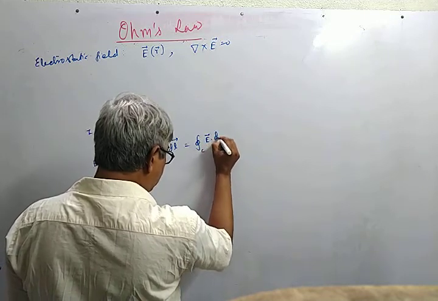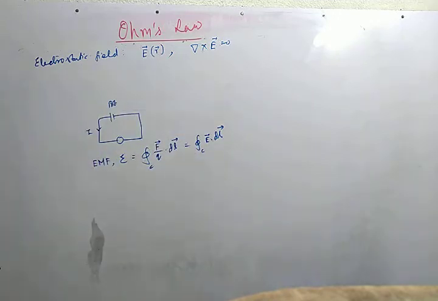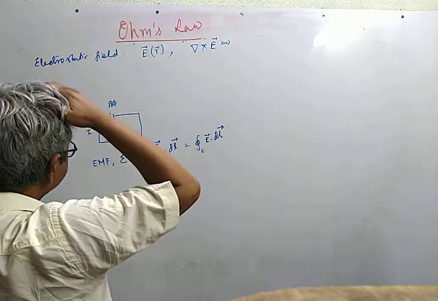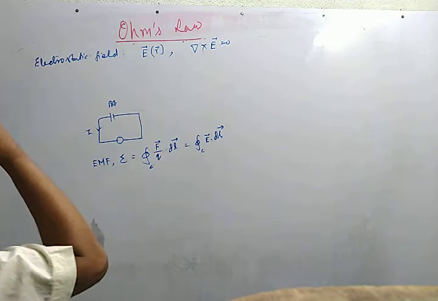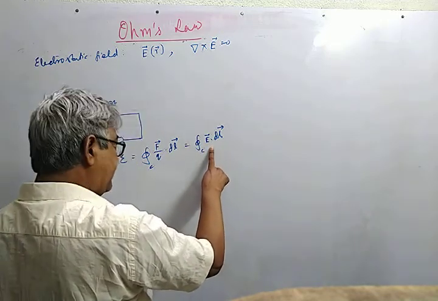E dot dl. Obviously this is not an electrostatic field, because had it been an electrostatic field, the EMF would be 0. So there are contributions other than the static electric field.